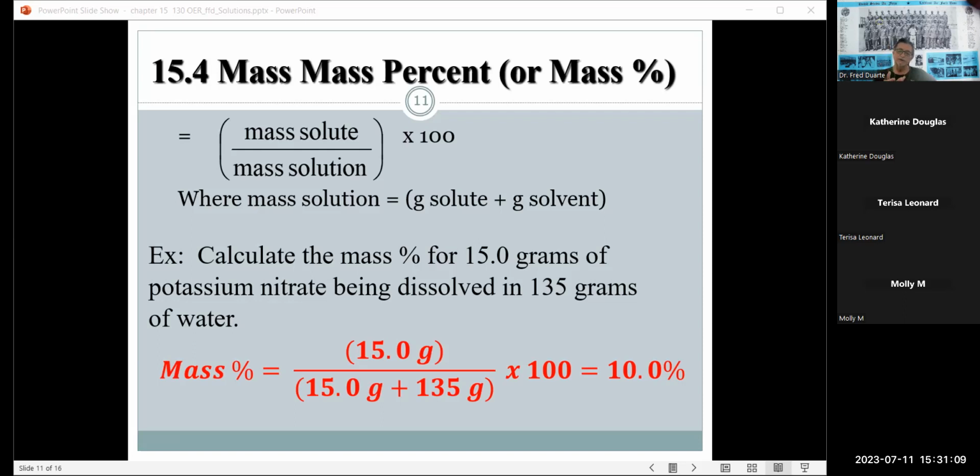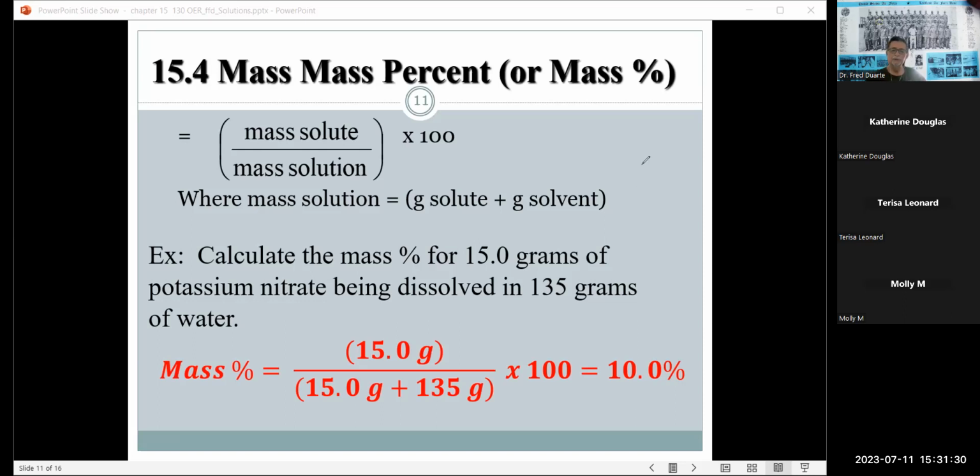Occasionally what happens is you need to calculate how much water. You know the percent that you're trying to make, you know how much of the solute you have, and you need to calculate, well, how much solvent do I need to make that percent solution given that amount of solute?